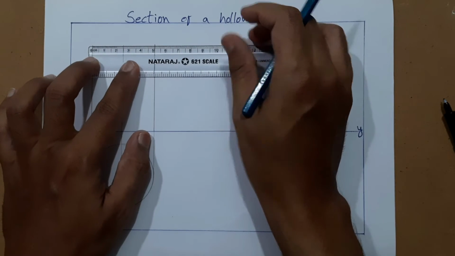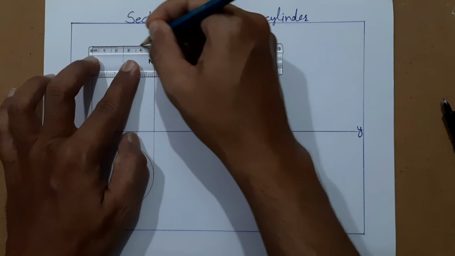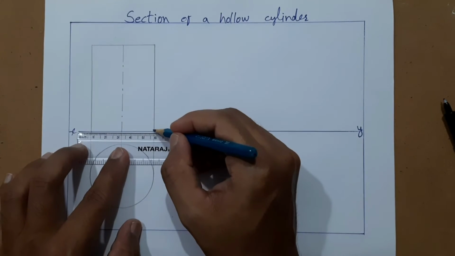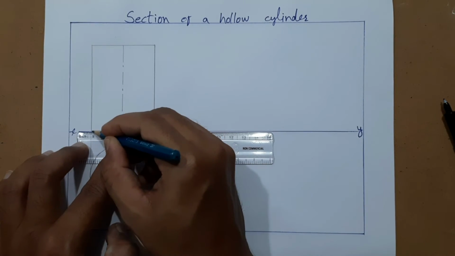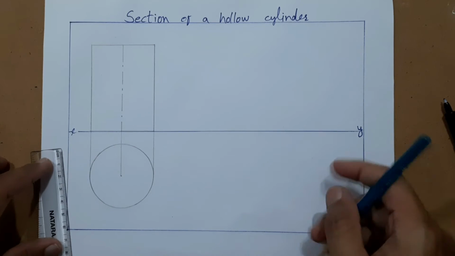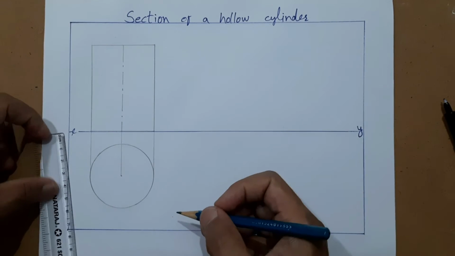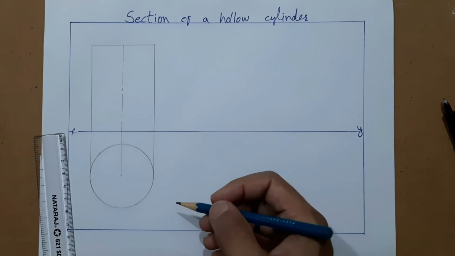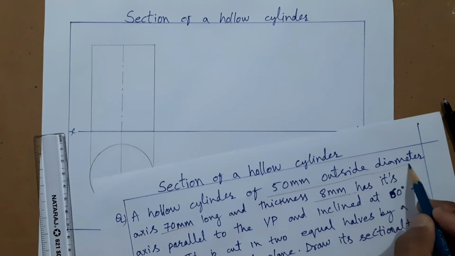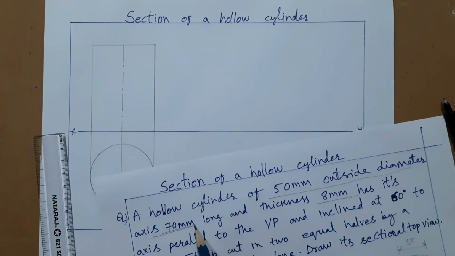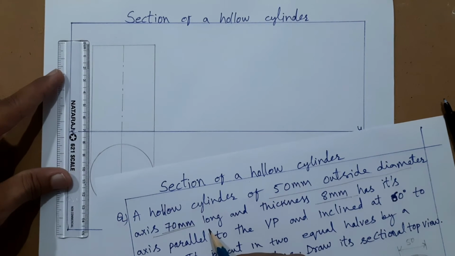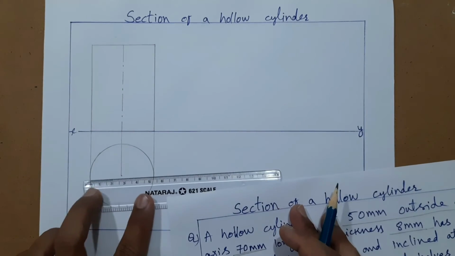Here it is 50. Okay, now thickness how much? 8 mm. So we have drawn 50 mm outside diameter, axis 70 mm we also have taken. So this is 70 and this diameter is 50.